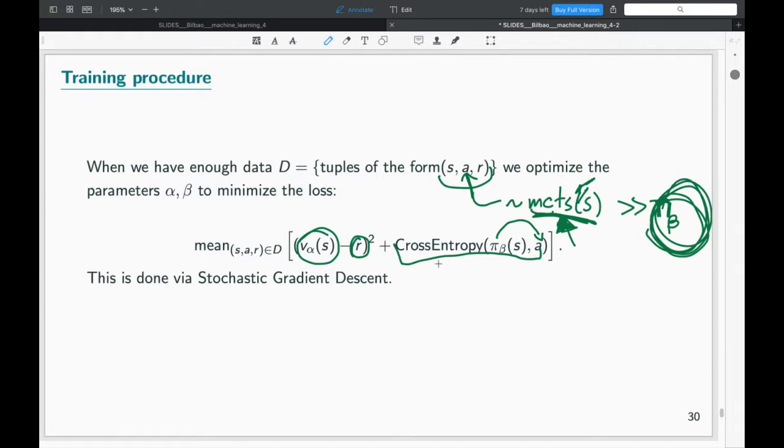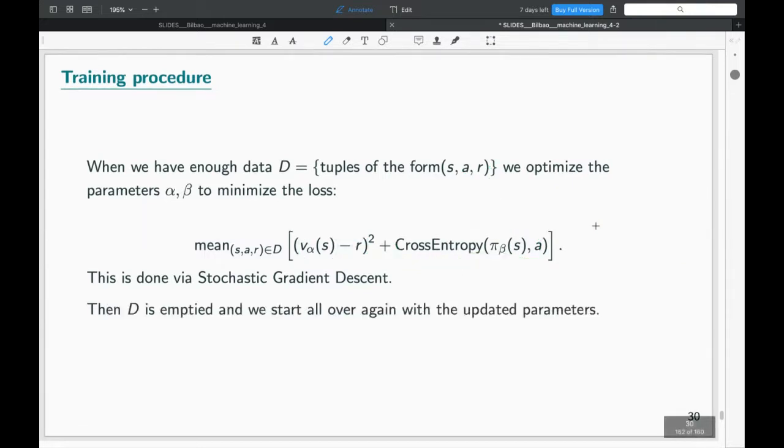And by adding this optimization part, we are sort of storing all these computations in a neural network. Okay, so when you have made this optimization step, you empty your data set and you start all over again with the updated parameters.